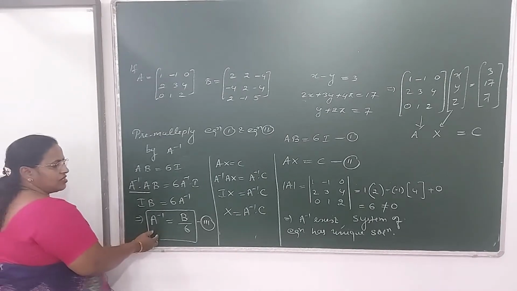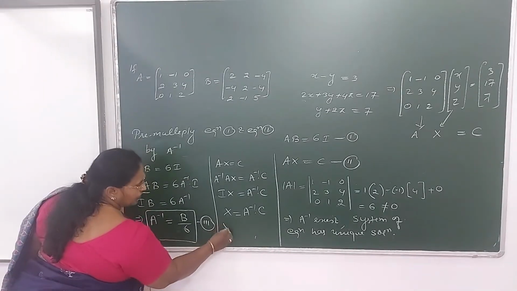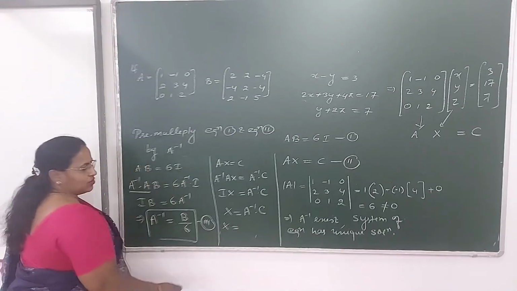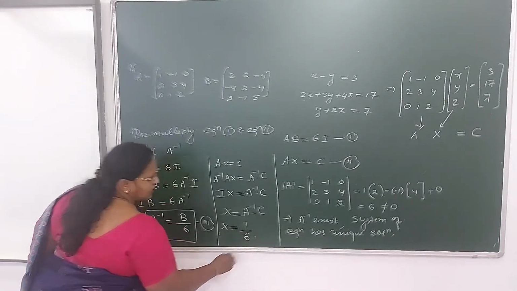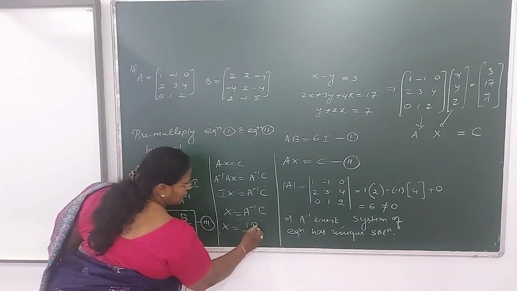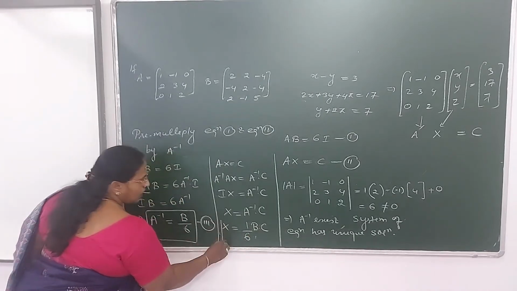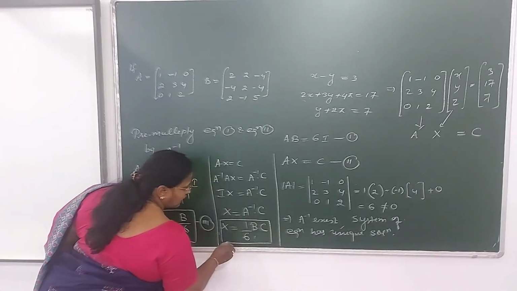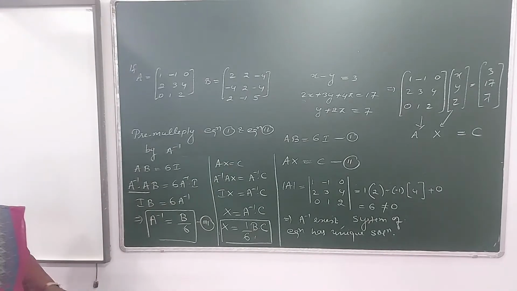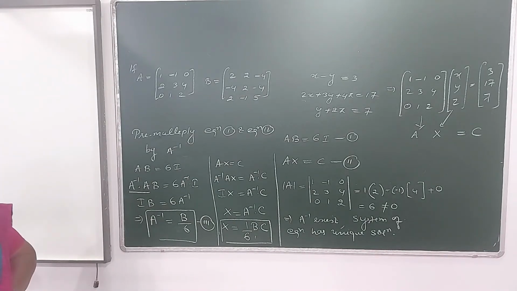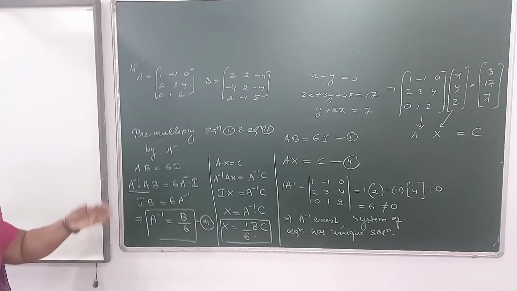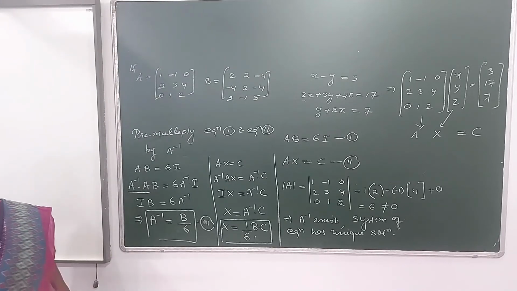Take this A inverse, put it here. So we'll reach the conclusion X is equal to 1 by 6 times B into C. Now this formula here you will be using for finding out the X matrix, that means the column matrix x y z.